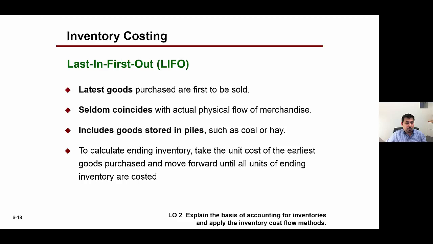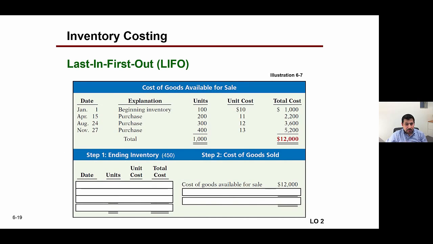Here, because we are selling the latest purchases first, we expect the ending inventory to be the earliest purchases. So we are selling the latest ones, and then we go backward.